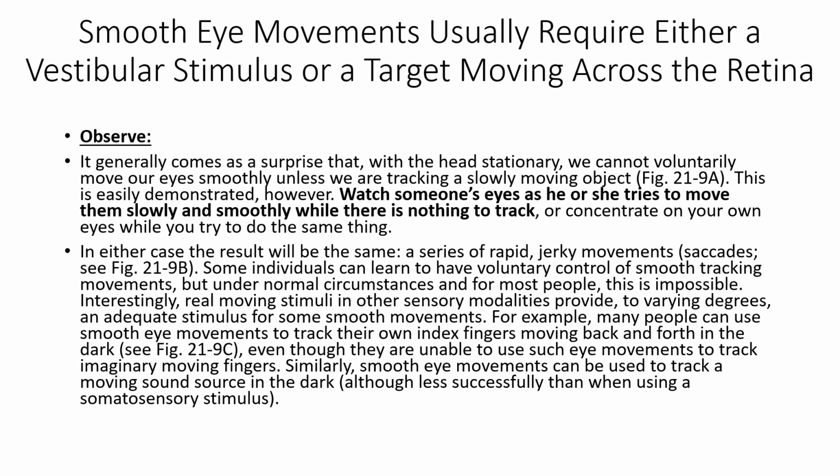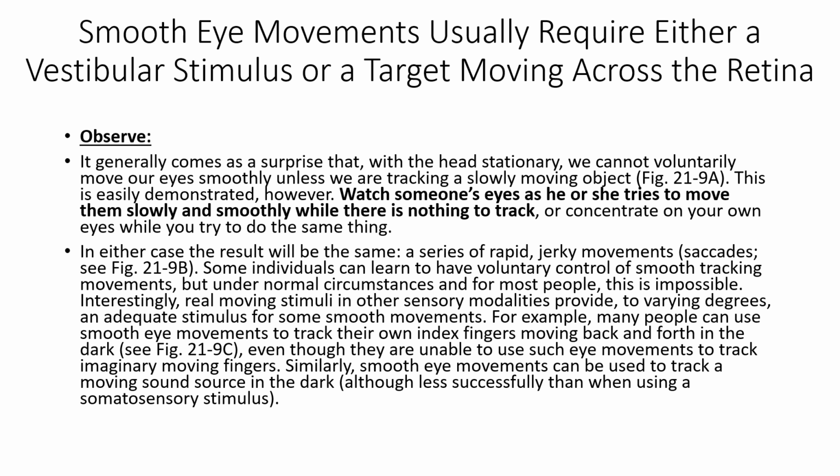Some individuals can learn to have voluntary control of smooth tracking movements, but under normal circumstances and for most people, this is impossible. Interestingly, real moving stimuli in other sensory modalities provide to varying degrees an adequate stimulus for some smooth movements. For example, many people can use smooth eye movements to track their own index fingers moving back and forth in the dark, even though they're unable to see.